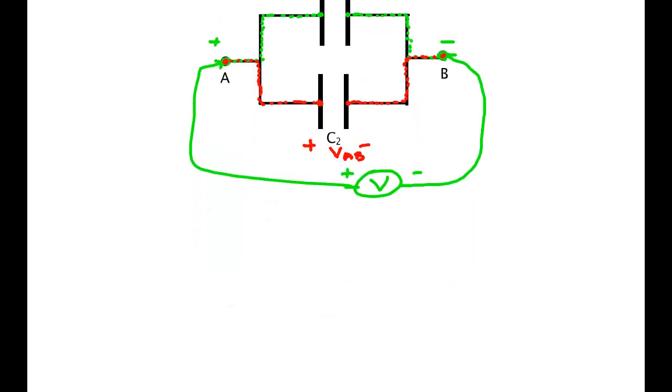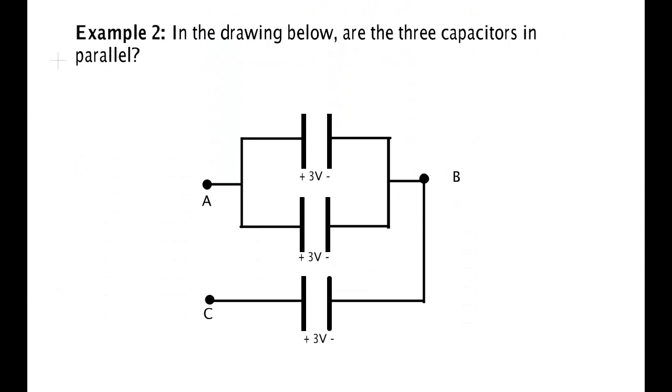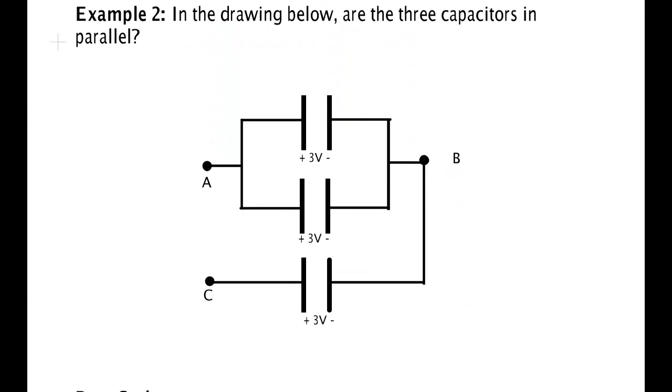Now let me show you an example of why you shouldn't pay attention to the way things look. The question says, in this drawing, are the 3 capacitors in parallel? That means that if I connect my voltmeter here between A and B, do I measure the voltage across all 3 capacitors simultaneously? Well, I can see that all of these points are the same, and all of these points are the same.